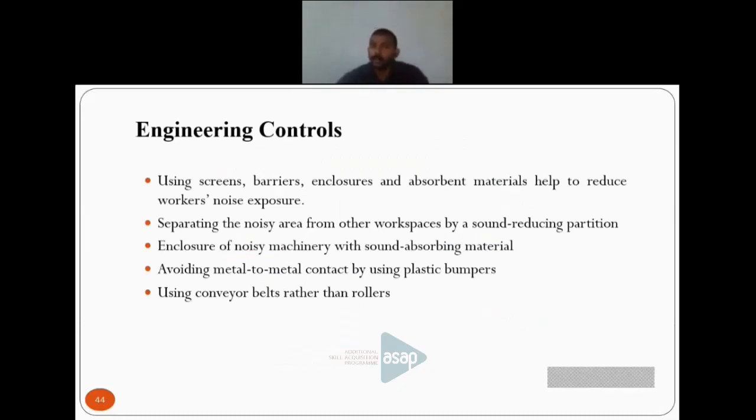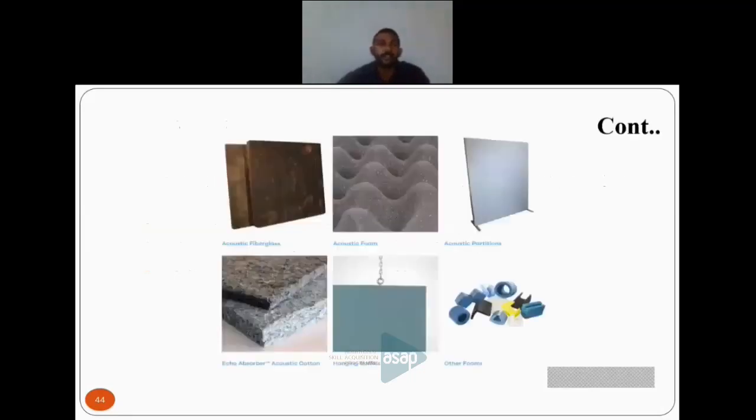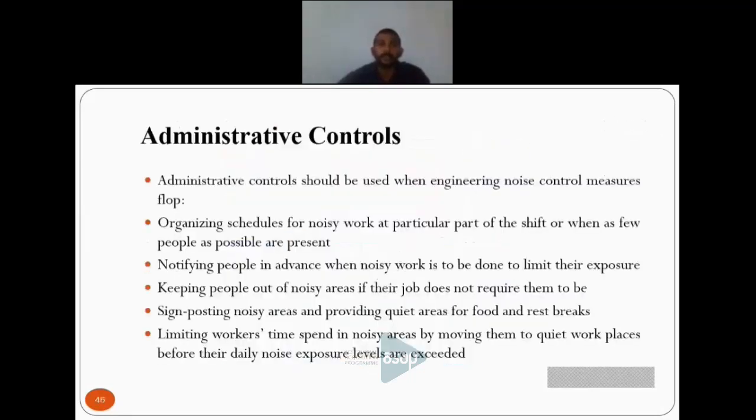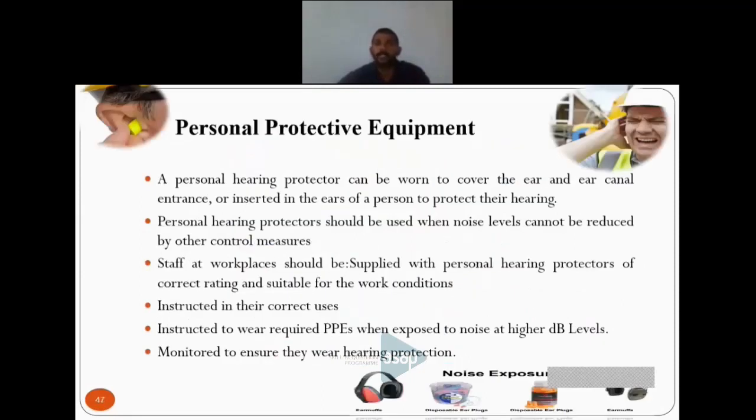If that is not possible, then we can go for personal protective equipment. In the case of a refinery, continuous noise comes in, so in those situations we go for personal protective equipment. That is compulsory. The personal protective equipment has to be compulsory for them to wear, so that we can control it.